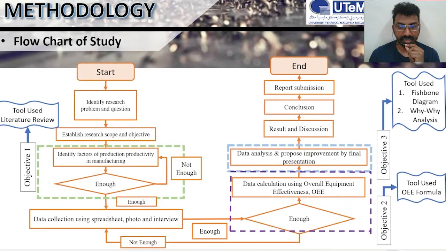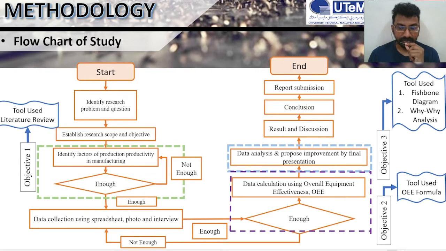As you can see here, this is the flowchart of the study. It starts with identifying the research problem and setting up the objective. Then using the literature review, we first identify the factors affecting production. Then, if it's enough, we move on to data collection such as interviews, photo capture, and also reports such as the quantitative values.